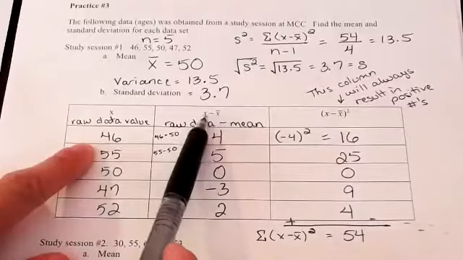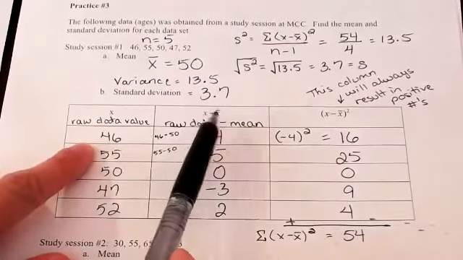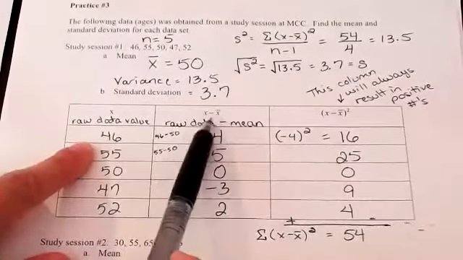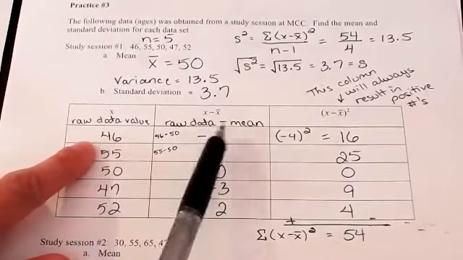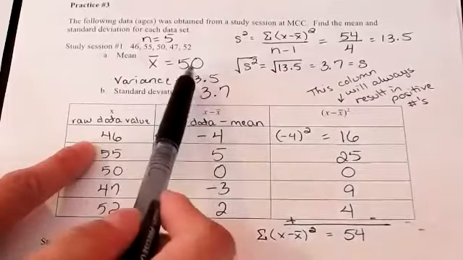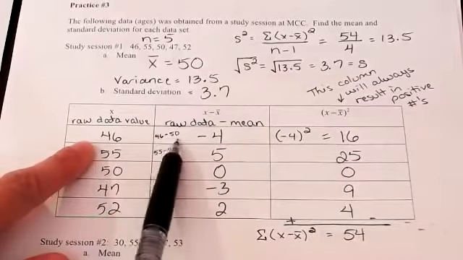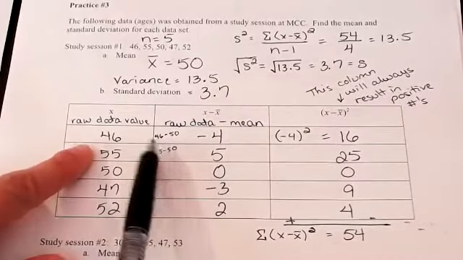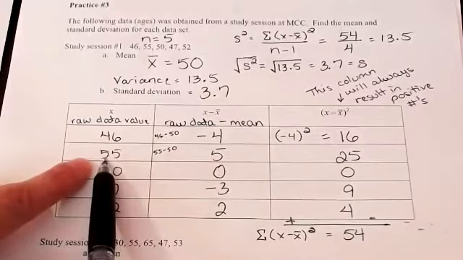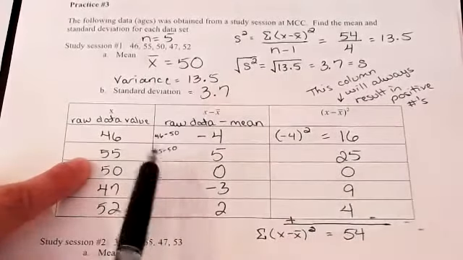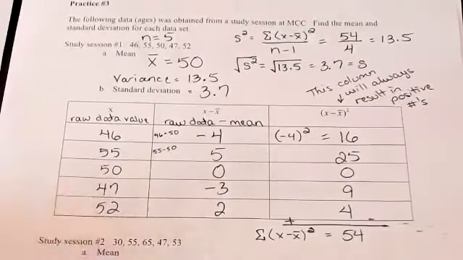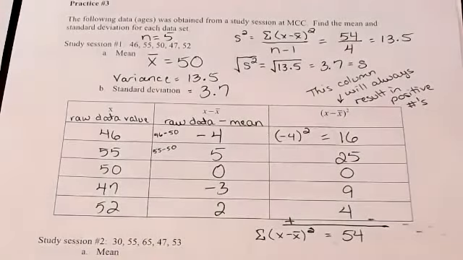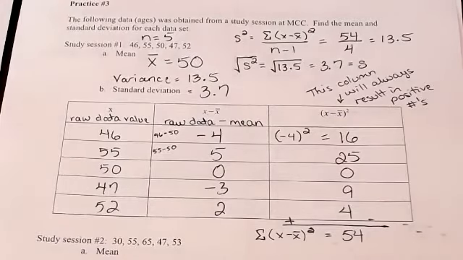Always follow the formula, that's why we like the formula as our column headers, because it tells us what it wants you to do. So take that raw data value and subtract the mean. So 46 minus 50. That's why I kind of squeezed it in here, just so you could see. Same thing here, 55 minus 50, the mean is 50, and 50 minus 50, 47 minus 50, and then 52 minus 50. Excellent. Thank you. You're very welcome.